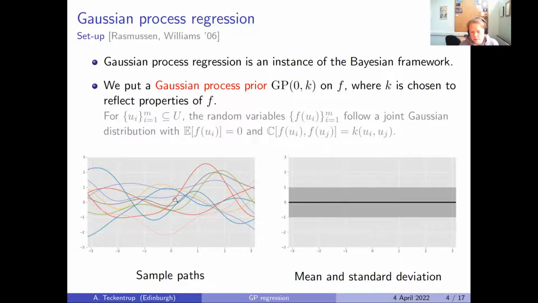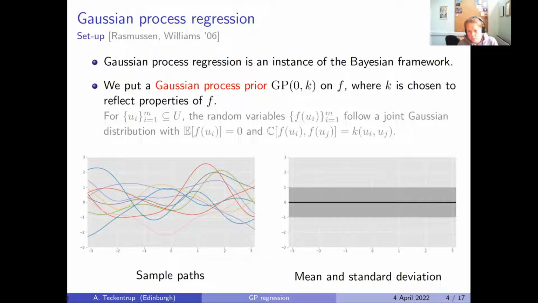And so realizations or sample paths of your Gaussian process then look something like this. You get something that stays close to the mean, which is 0, and then fluctuates around the mean, and the fluctuations are the size of the standard deviation that you've chosen. Right. So as I say, it's just one particular way of defining a prior distribution on your unknown function f.